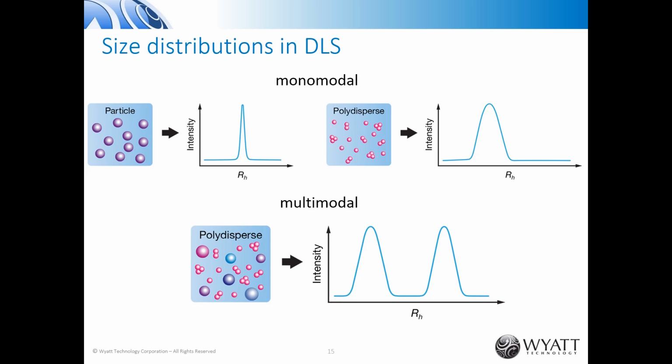Now, if you have a significantly polydispersed sample, such as multiple proteins or very large aggregates, you may actually get a fully multimodal sample, although not often do you see completely disparate peaks, and I'll talk about that in a second.